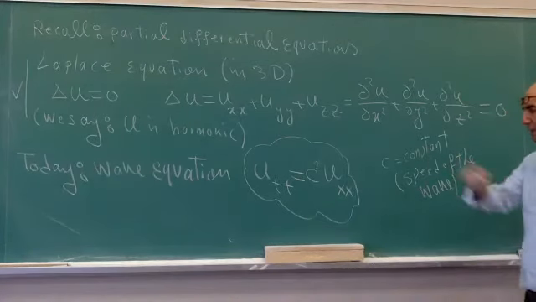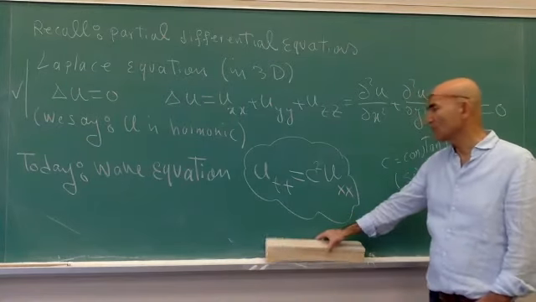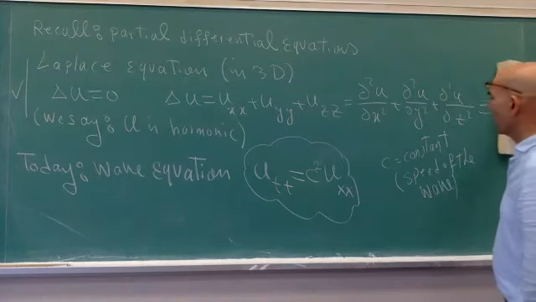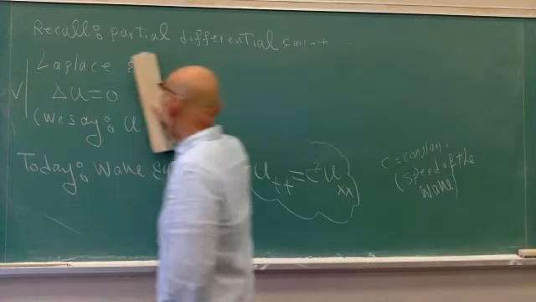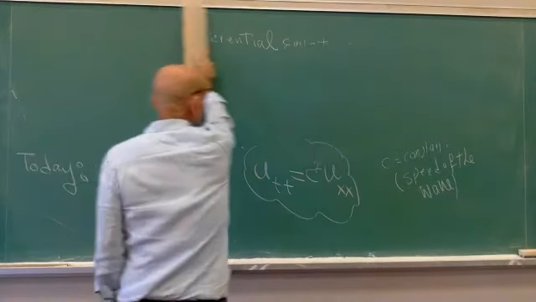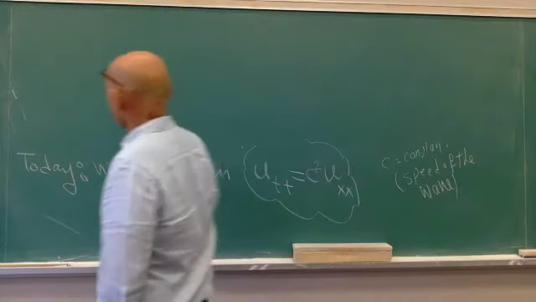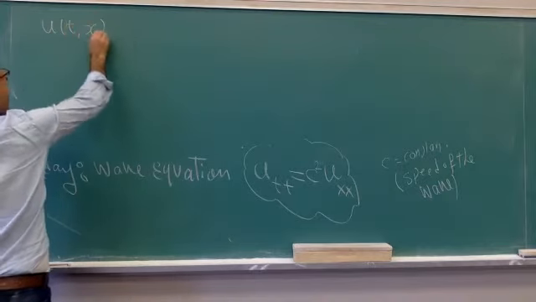Okay, so that's this one. So what's the meaning of this equation, and what is it trying to tell us? See, in the equation, you have to understand U. U, your unknown, is a function of T and X, of course, right? U is a function of T and X.